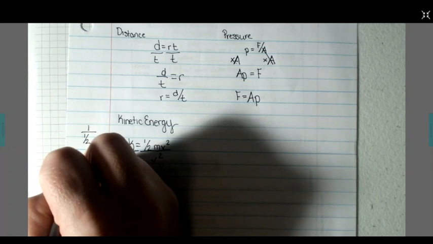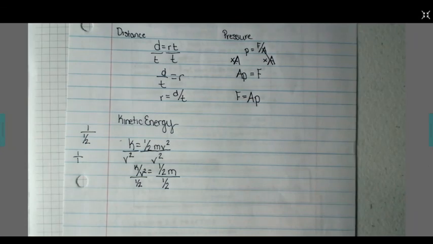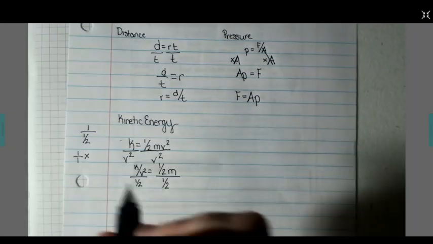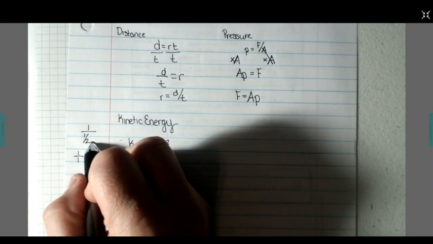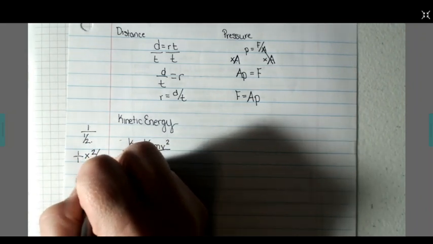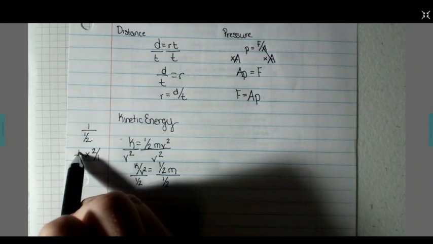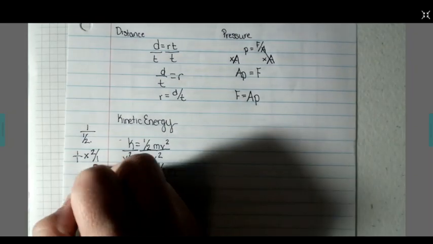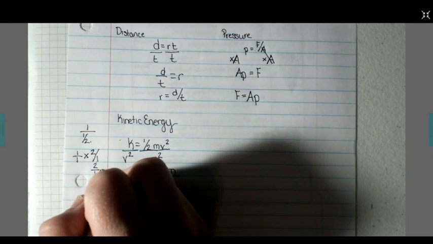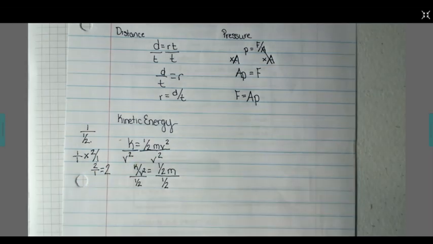So I'm going to put 1/1. We're going to multiply by our reciprocal. So I got 1/2. This is now going to become 2/1. So I got 1 times 2, which is 2. 1 times 1, which is 1. Or this would be simply written as 2. Okay?